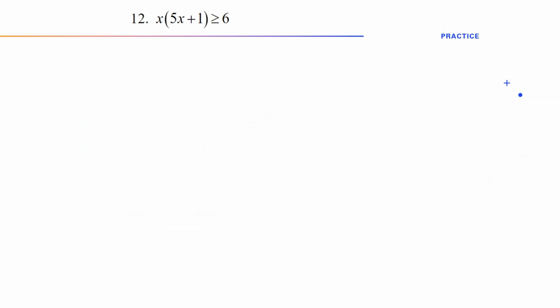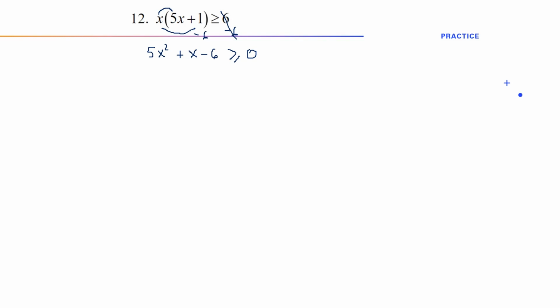So question number 12, x times 5x plus 1 is greater than or equal to 6. We would like to make the polynomial on one side and the other side 0, so we can easily use the zero factor property to solve the problem using the sign chart. So I will distribute this in, right? So we'll have 5x squared plus x, and then I subtract both sides by 6, minus 6 greater than or equal to 0.